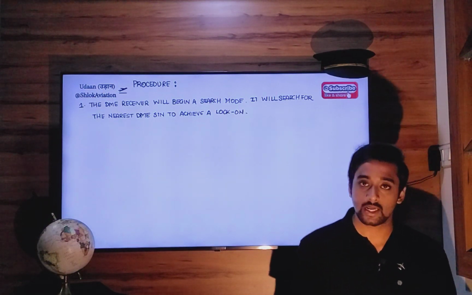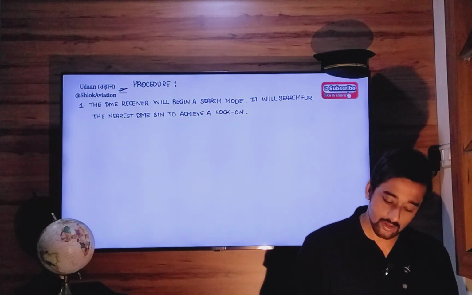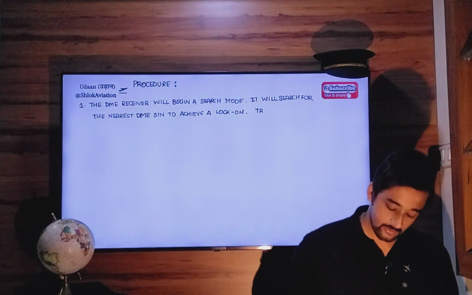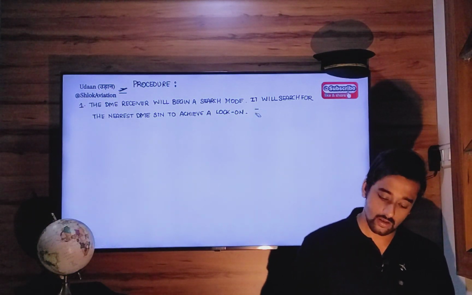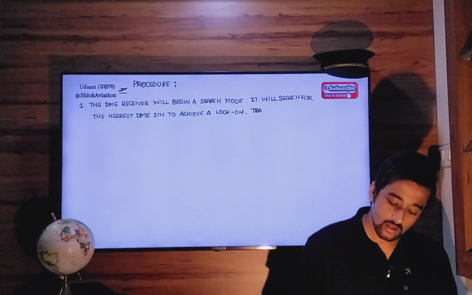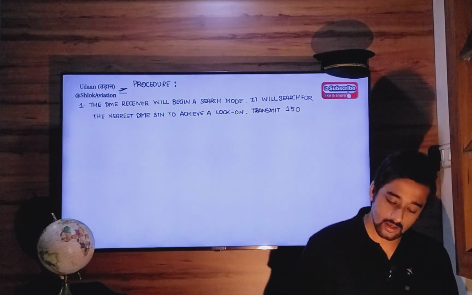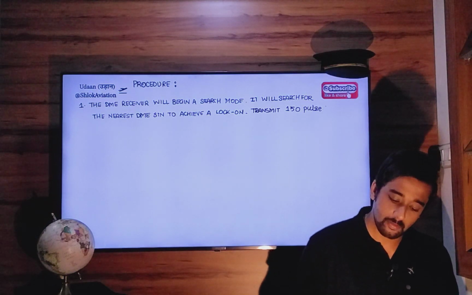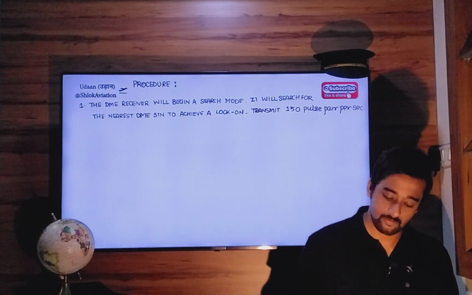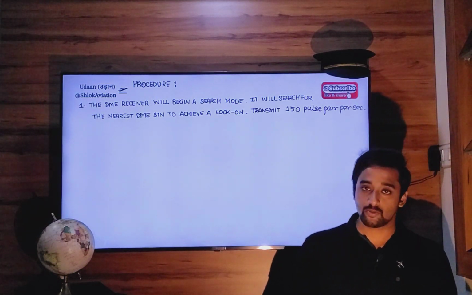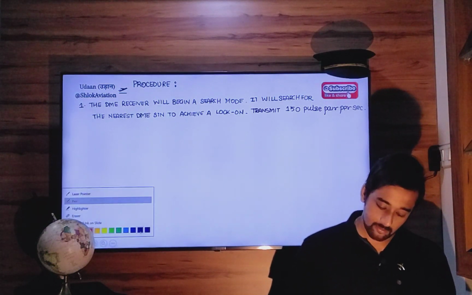In this step 1, that is search mode, it will transmit 150 pulse pairs per second. Step number 2.